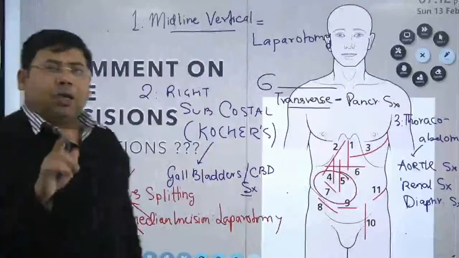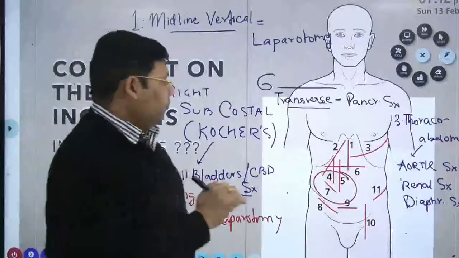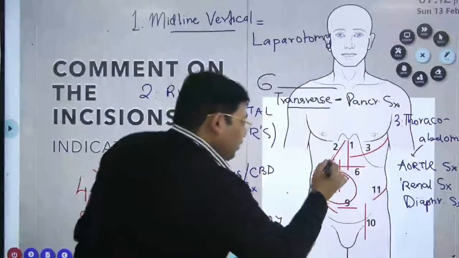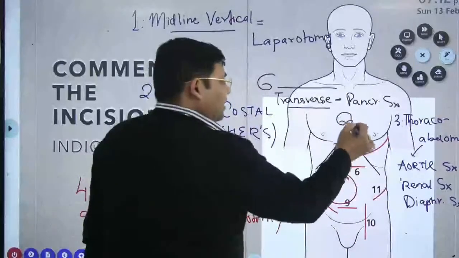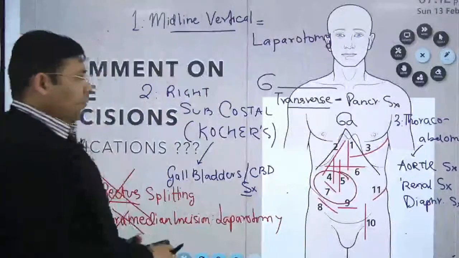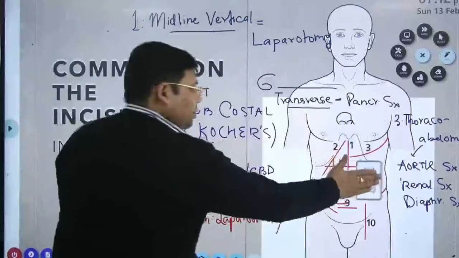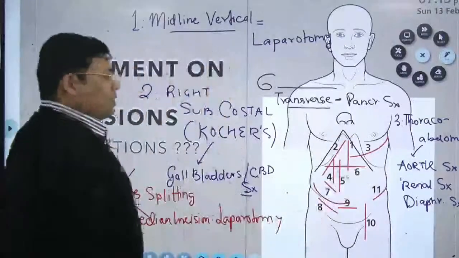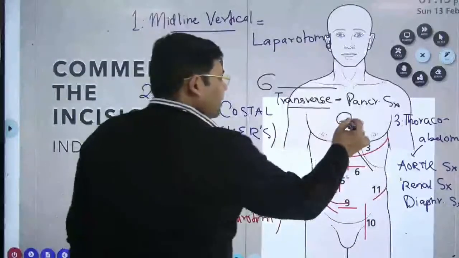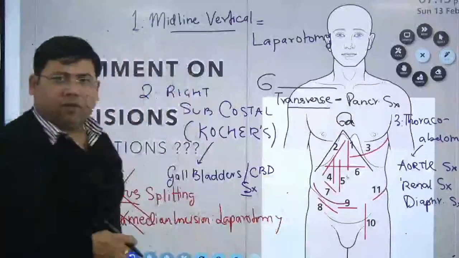Now I will draw one more incision for you. Just try to follow this. What is this incision? Can you see? Let me label it 6A. Again I am going to draw it for you. Just follow this incision. What is this 6A incision for? Anyone?